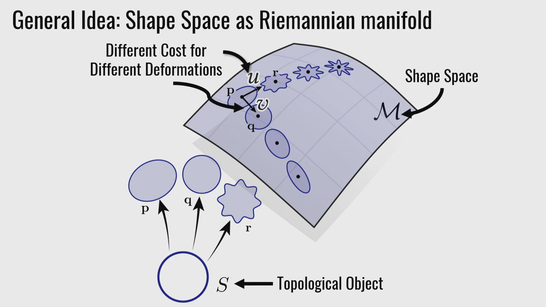Or how expensive would it be to go in the direction of V. And what you can already see here is that most probably you would like going in the direction of U to be more expensive, because in this direction you get more complicated deformations, whereas the deformation in the direction of V is kind of a smooth path.